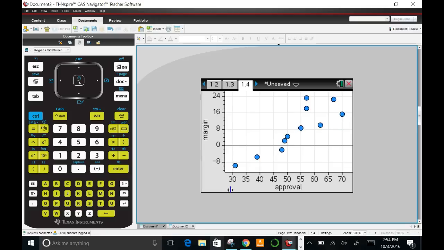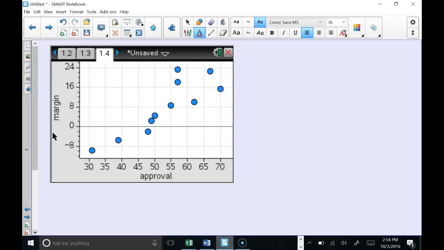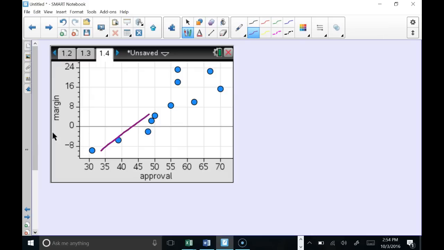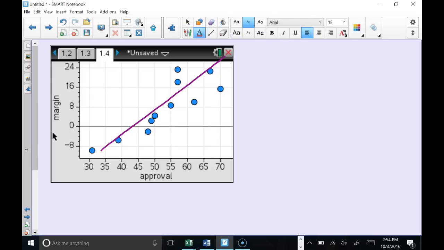Okay, and I believe that looks like our graph that we had over here. Now, we could still say that this is fairly linear. Again, the line doesn't have to go through all of the points. We just have to be able to imagine a line that kind of captures the essence of the association. So I would still say that this is linear.